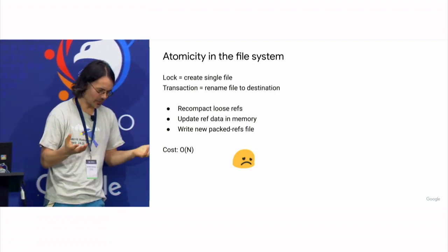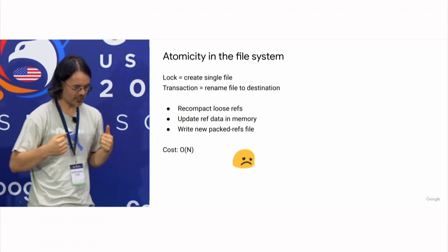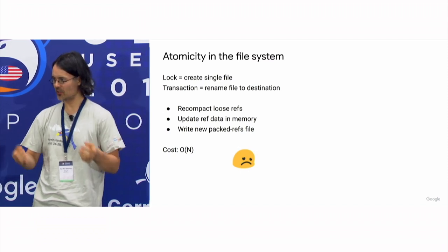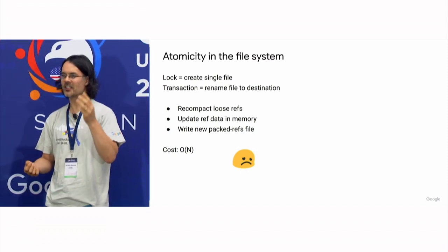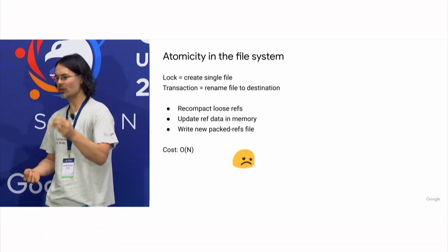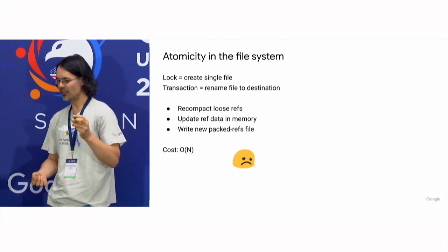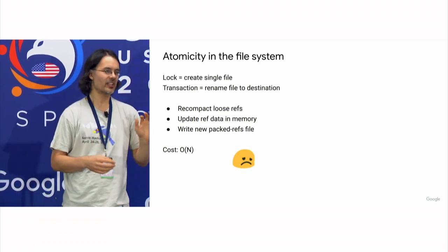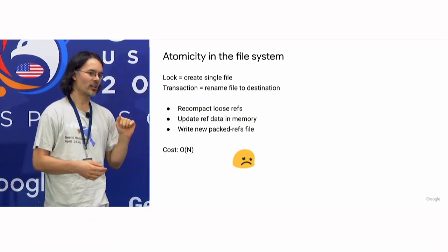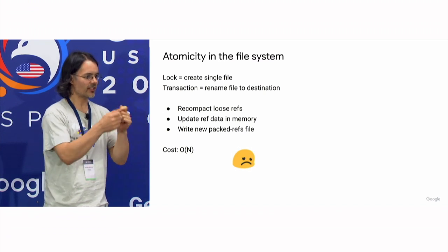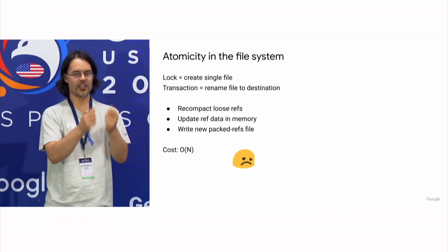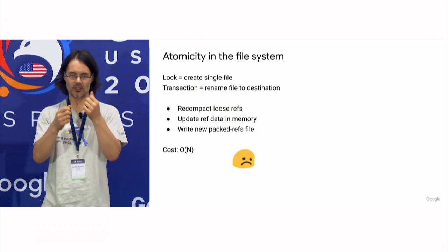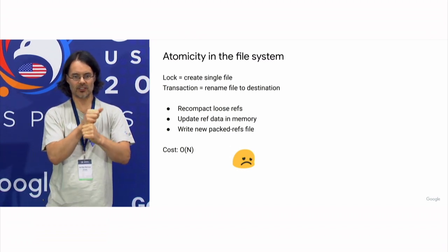Finally, we came at this discussion because we wanted to have something that is atomic. We change multiple things, and either all goes through or it all fails. Because this is all based on the file system, the only way in the file system to do transactions is to do things with single files. Single files you can use atomically. You can create them and it fails or it succeeds.